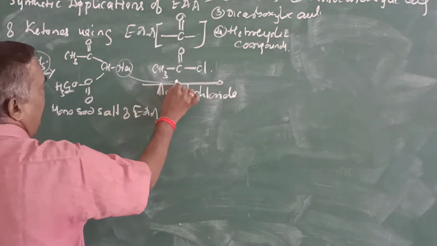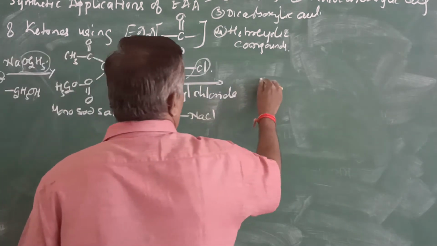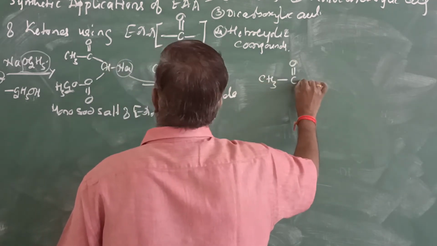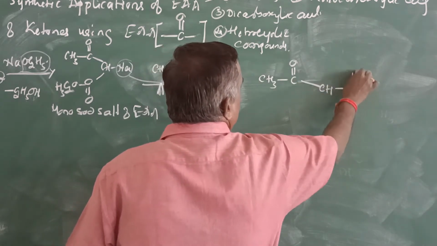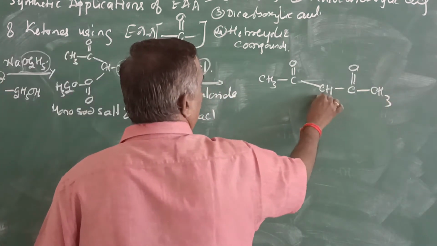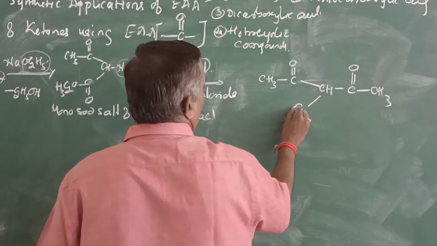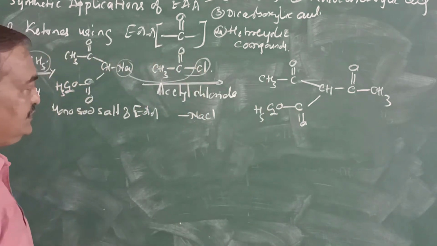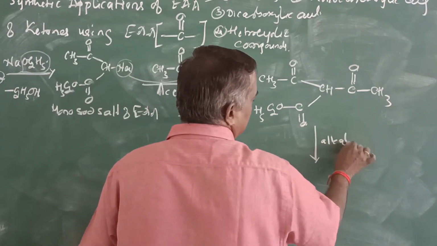Similarly, Cl and Na will be eliminated as NaCl, and this will come up with the new structure CH3CO, CH, CO, CH3, and this group as usual will be here, C double bond O, OC2H5.